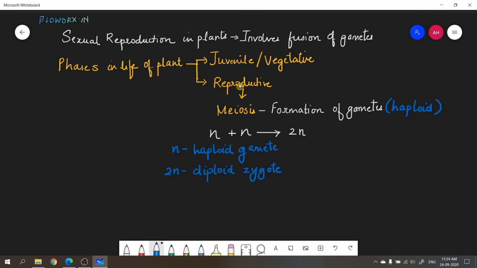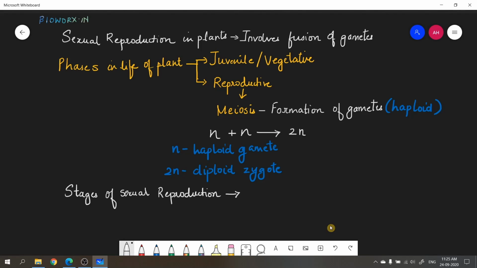Now, for convenience, to study the entire sexual reproduction in plants, we have divided the stages of sexual reproduction into 3 stages. So let me mention that over here, the stages of sexual reproduction in plants.